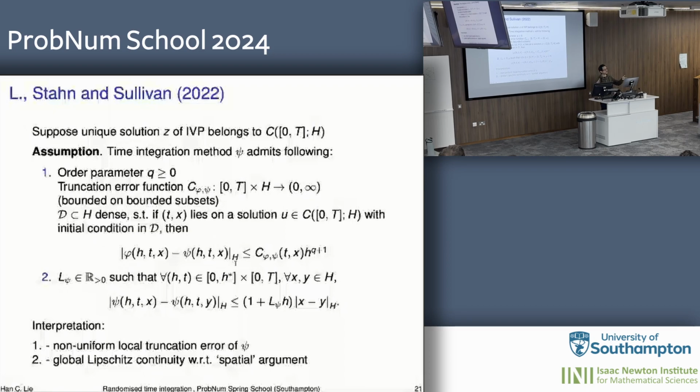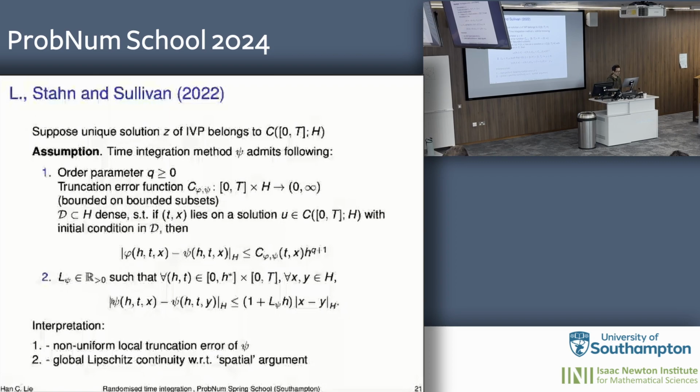I can bound the Hilbert space norm of the difference between the true flow map started at time t and x and propagated forward time h, and the deterministic numerical method applied to the same inputs. I can bound it by this function, which is bounded on bounded subsets, times the time step h to the power q plus 1. And then I also assume that my deterministic numerical method is Lipschitz continuous.